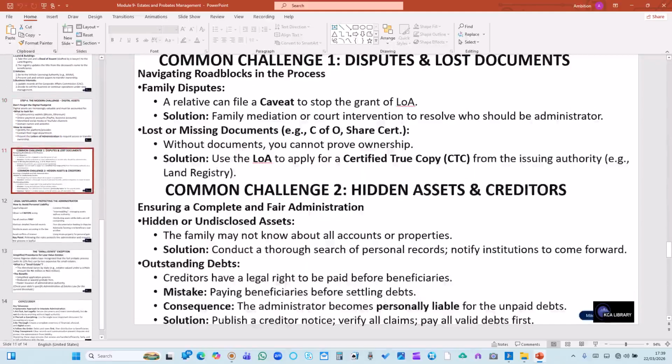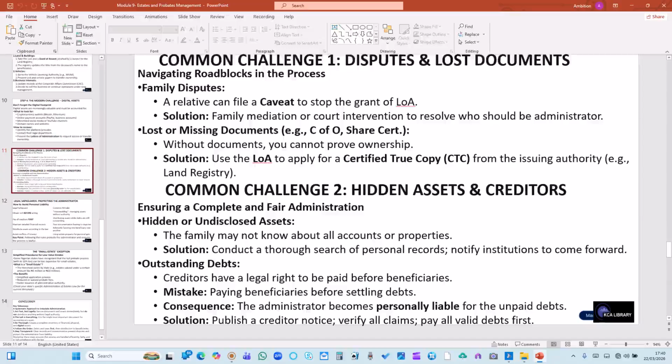Let us look at the common challenges, that is dispute and loss of document. That is navigating roadblocks in the process. First, family dispute. A relative can file a caveat to stop the grant of letter of administration. Solution: family mediation or court intervention to resolve who should be the administrator.